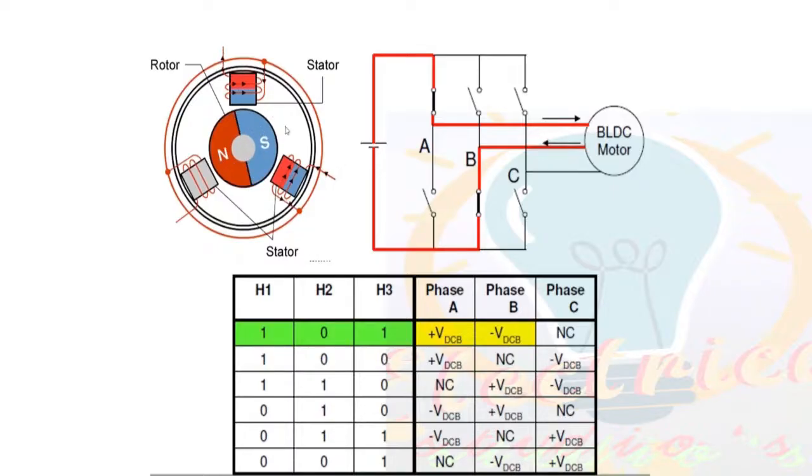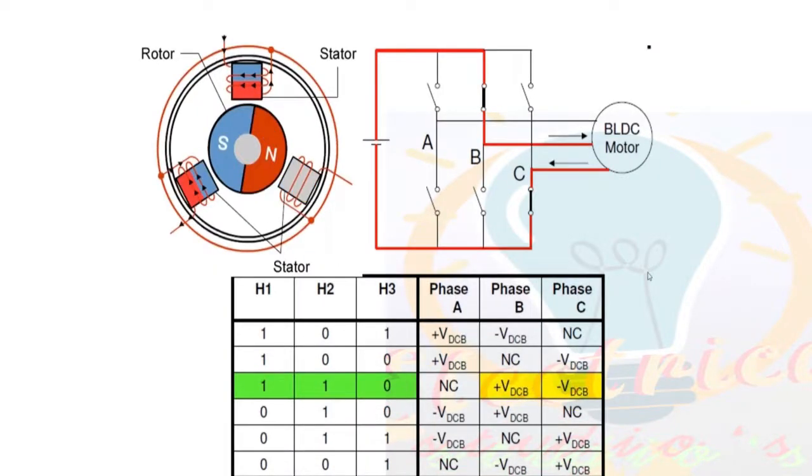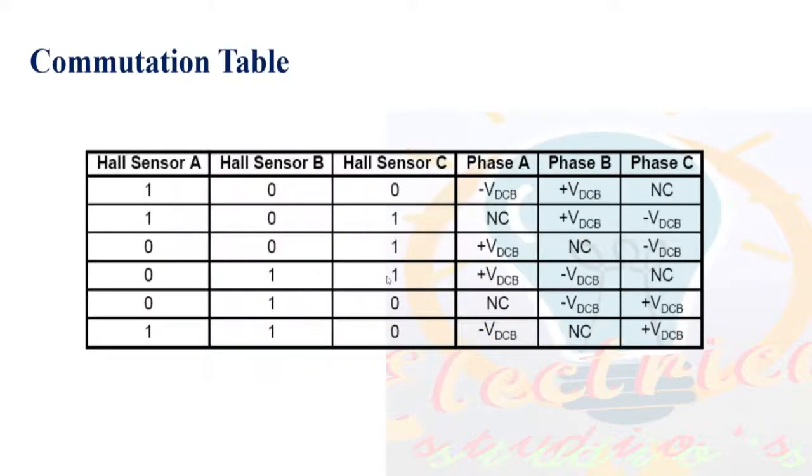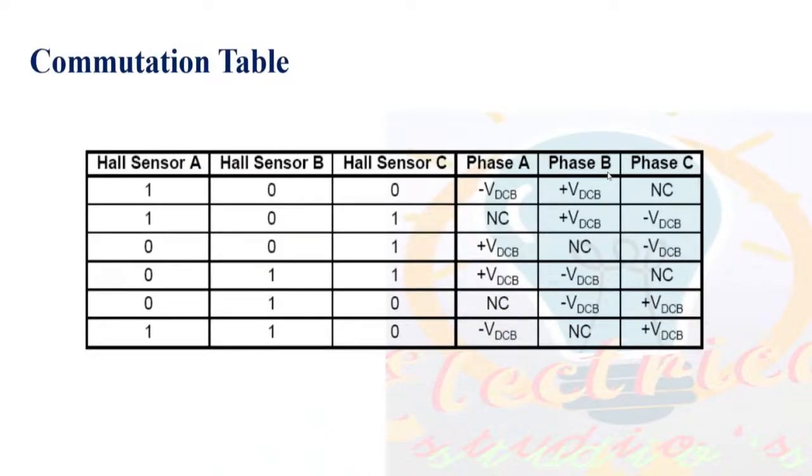Like this, the rotor keeps on rotating, following the positions. So this is a 6-step, 1, 2, 3, 4, 5, 6, what we call 6-step control. And because of this 6-step control, between one commutation and the next commutation, there is a small ripple. There will always be a small ripple. And because of that ripple, whenever you expect higher speed performance, you will not get it properly. Stable high speed performance is not possible with BLDC motors.